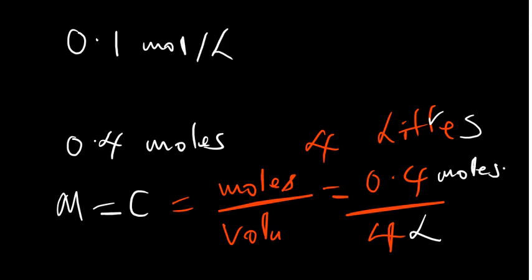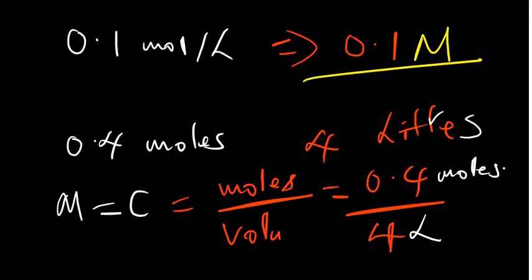Instead of showing moles per liter, you can also present your solution as 0.1 with a capital M. I'm sure you saw some questions where they just give you 0.1 molar. I think I saw 1 molar concentration on question 6 for chemistry 1010. So you need to understand that it means moles per liter or moles per decimeter cubed.